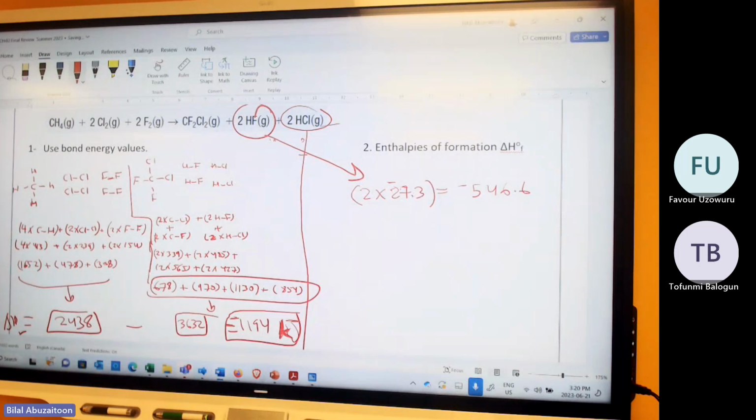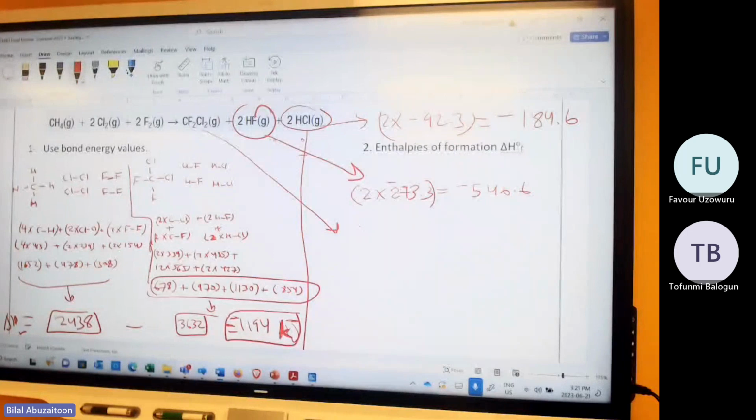What about the HCl? Minus 92.3, times 2 equals minus 184.6. Okay, what about this?